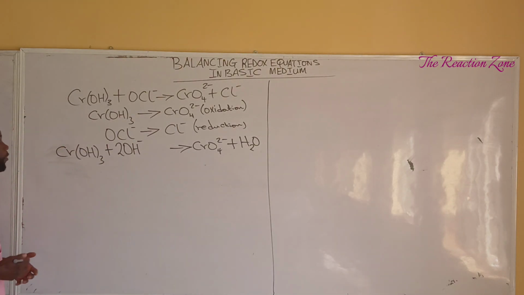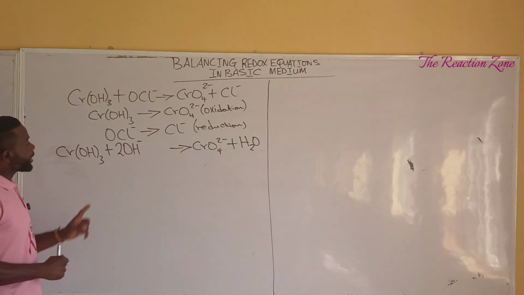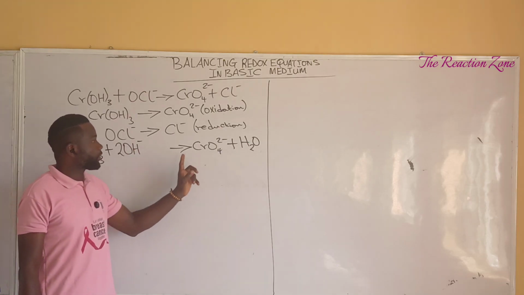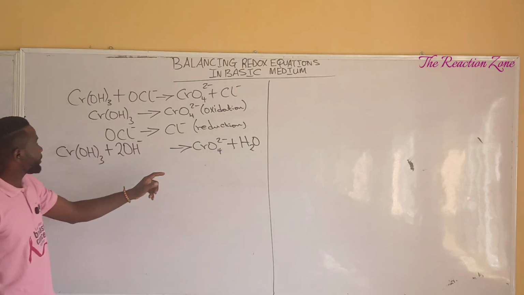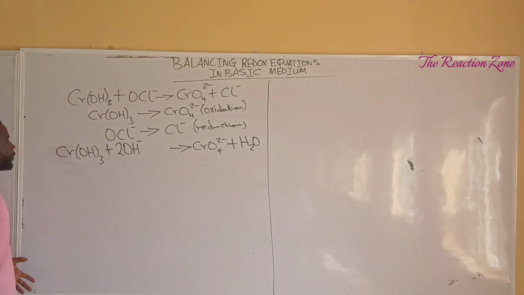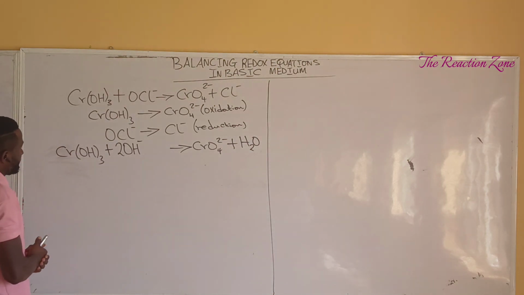This is because the rule for balancing oxygen in a redox equation that is in basic medium is that for each excess of oxygen, you add 1 molecule of water to the same side and 2 molecules of OH minus to the other side. So now let us see if hydrogen atoms are balanced.